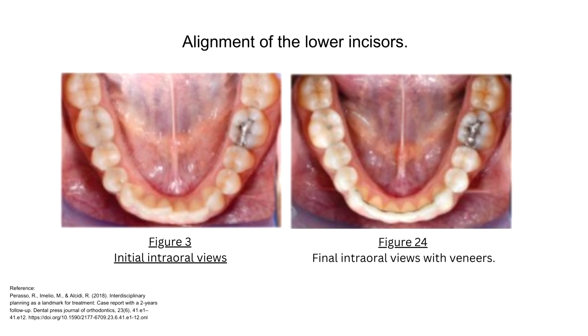In figure 3, we can see in the initial intraoral view that there is anterior mandibular crowding with twists and overlaps of the mandibular anterior incisors. After prosthodontic and orthodontic intervention, in the final intraoral view with the veneers, there is no more anterior crowding and the problem has been eliminated.